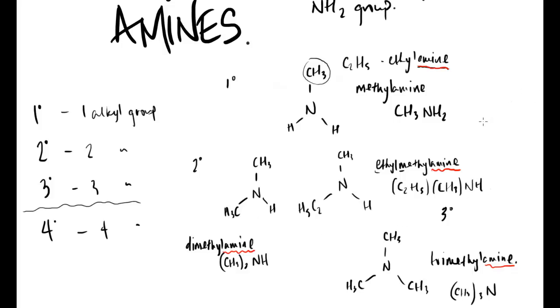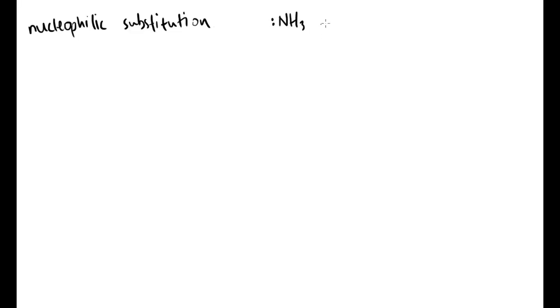Next thing I'm going to look at is how we can make an amine, so the production of amines. Now actually, if you can remember back to AS, and this is obviously A2 now, you will hopefully remember nucleophilic substitution. And within that, you used a nucleophile of ammonia, and that made you an amine.